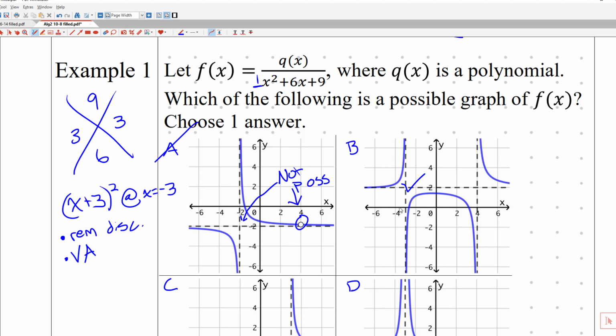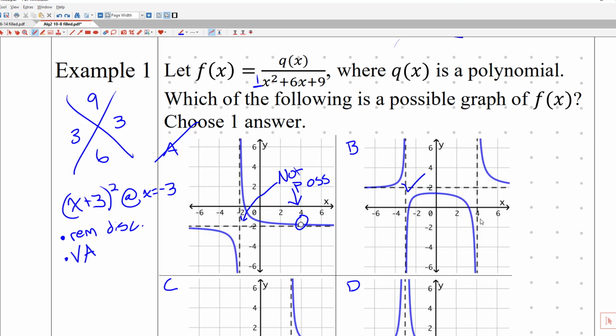The other thing I'm noticing is a horizontal asymptote, this line right here, and we can't say anything about a horizontal asymptote. It doesn't tell us anything, because to determine the horizontal asymptote we need the numerator and the denominator, or at least the highest degree, because I need to use top-bottom rules. I can't use top-bottom rules if I don't have a top. So this check mark applies to that vertical asymptote, which is good.